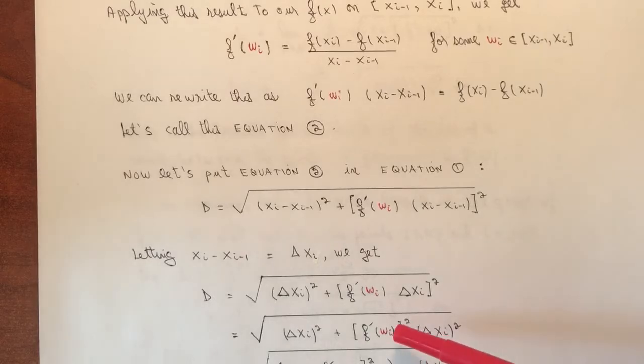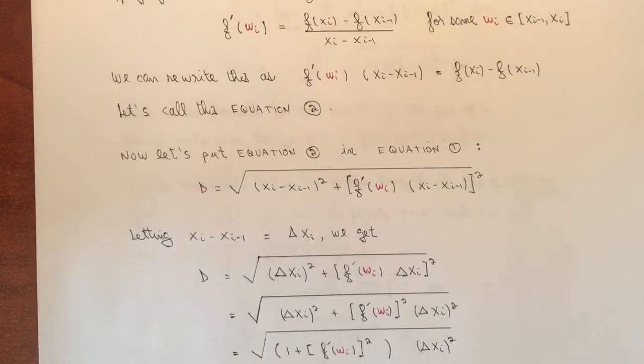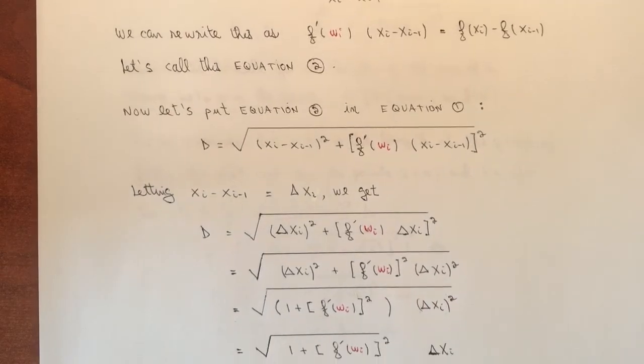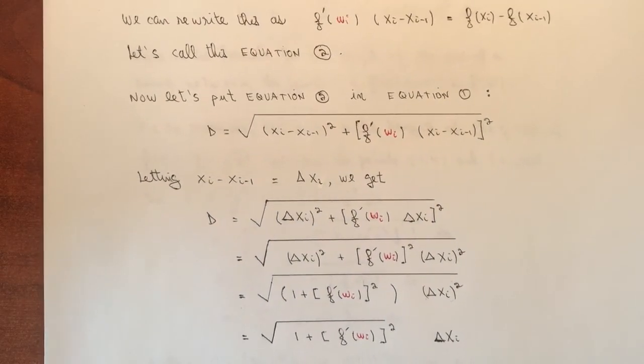So we have a square on f prime of wi and a square on delta xi. Notice that we have delta xi squared here and delta xi squared here as well. We're going to take it out, so I have delta xi squared factored out. Since this is a multiplication times the bracket, I can take out the square root of delta xi squared, which is delta xi.